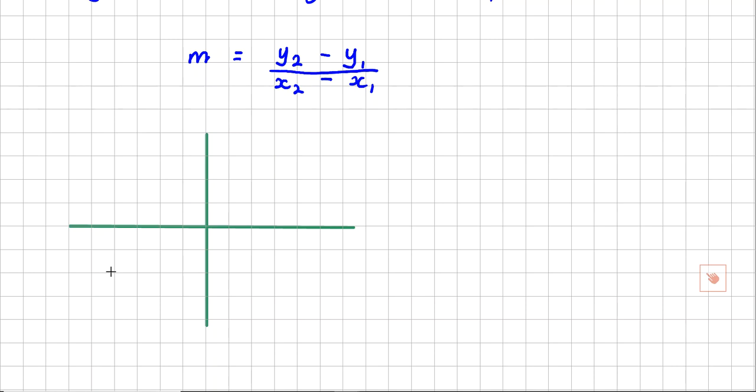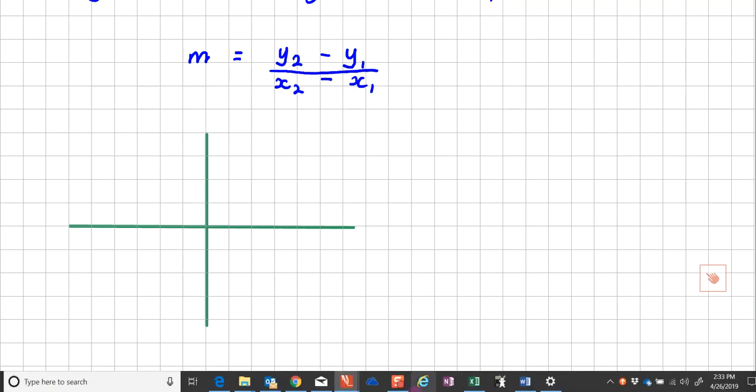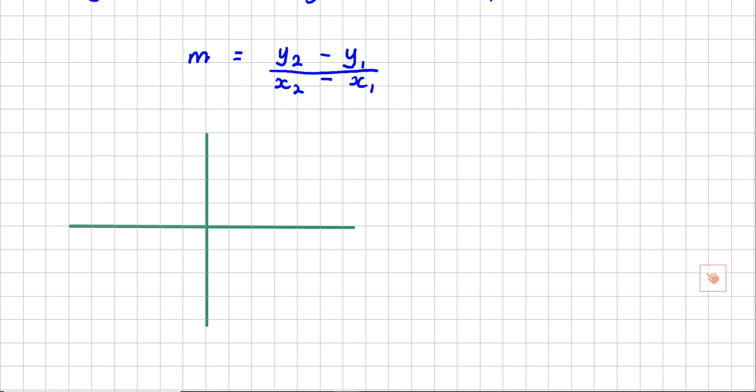So when m equals 3, what would that line look like?